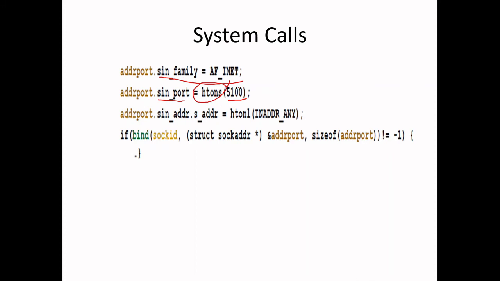So htons stands for host to network short. It is a function which maps a short number to a common standard network format. This is how you set a port number: the port number is 5100, which you convert into standard network format and assign to this value.